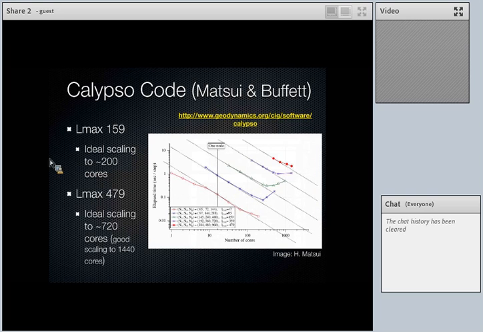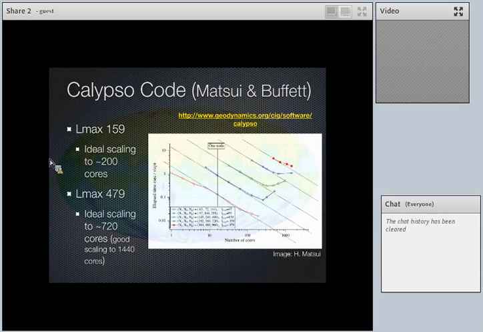The dashed lines show the ideal scaling for each problem size, and you can see as we're going to bigger problems, the code is scaling better. And for instance, on the largest size problem here, Lmax of almost 500, the code scales well to almost ideally to about 800 cores, and it's pretty darn good out to beyond 1,000 cores.